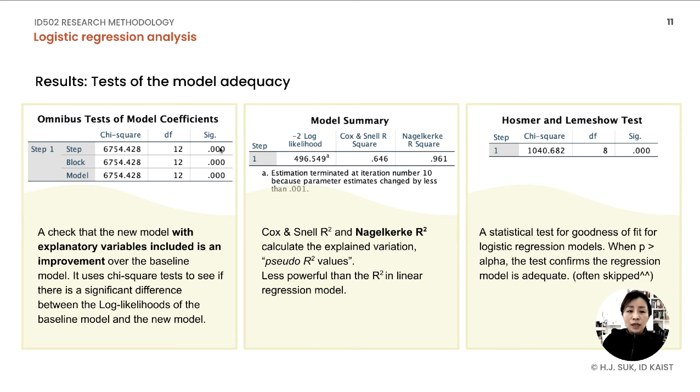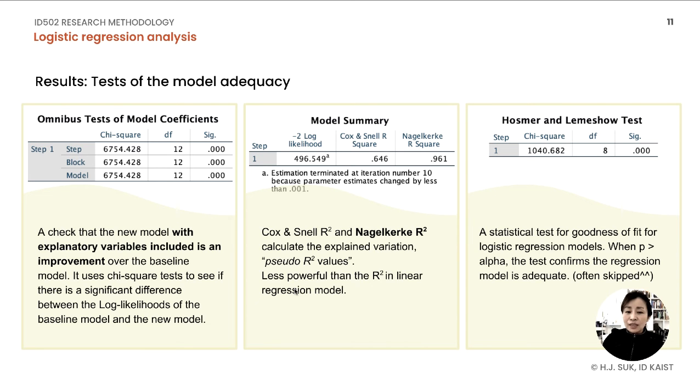So when it is significant, then it was worthy that you made this model. And secondly, this tells you how much the model has the ability to explain the raw data, and this is called the pseudo R-square value.